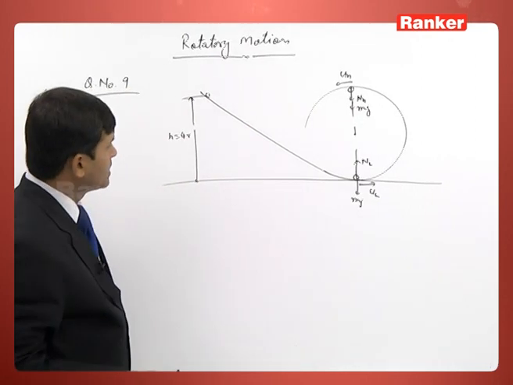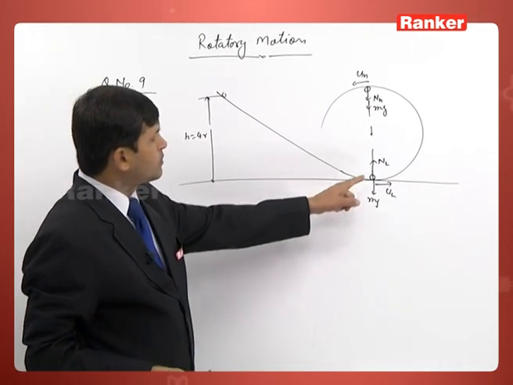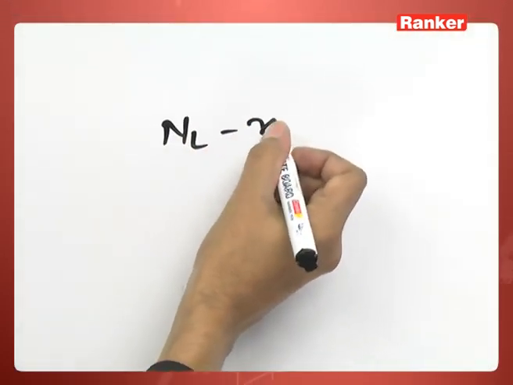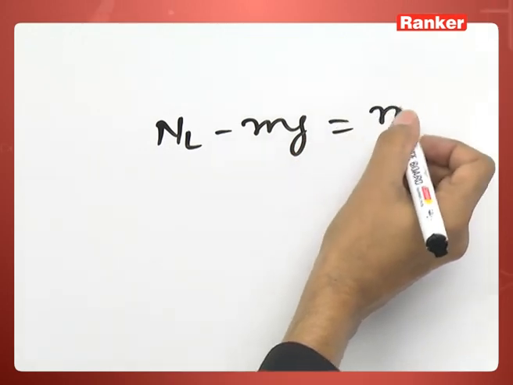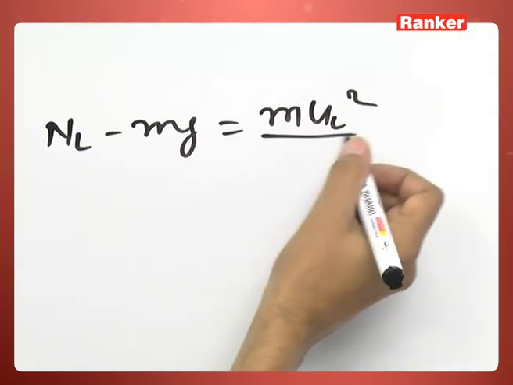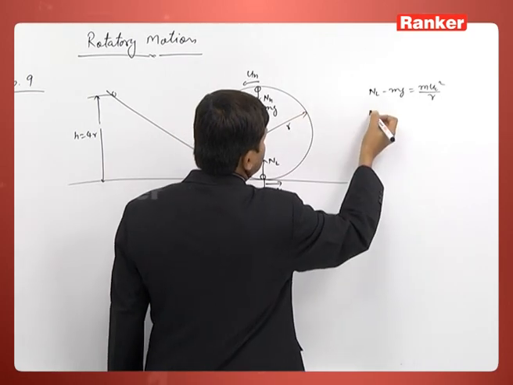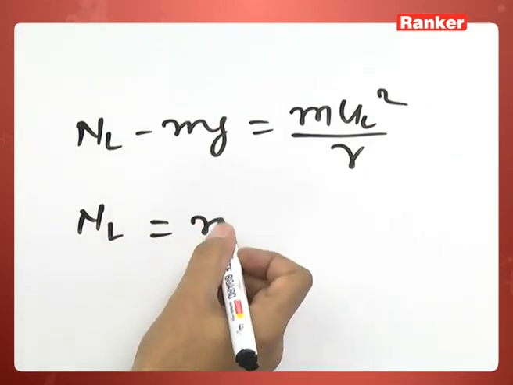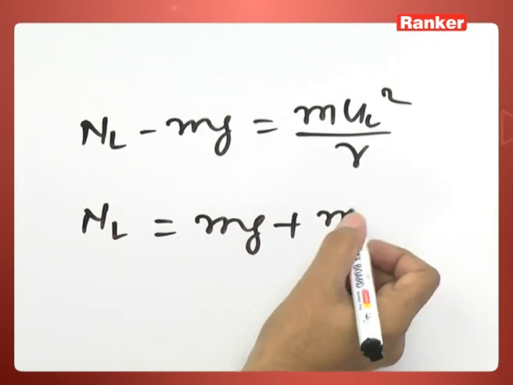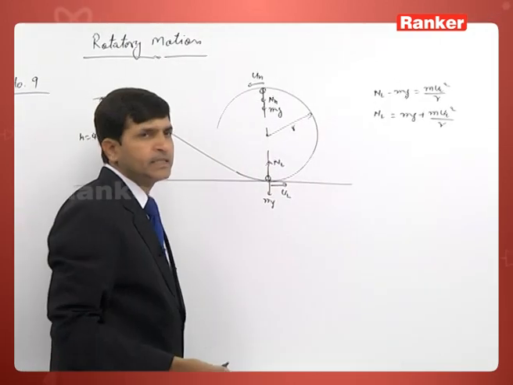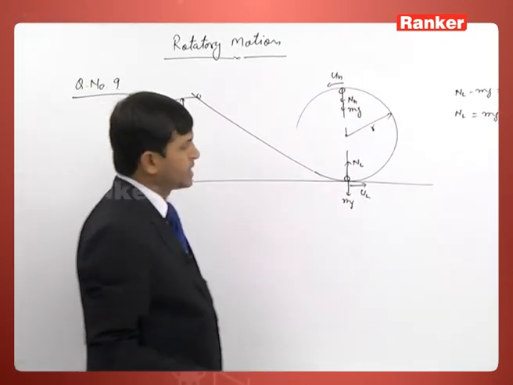First, we can write the equation at the lowest point. NL minus mg is m UL square by r. The radius is r. The reaction at the lowest point is written as mg plus m UL square by r. This is the first equation.